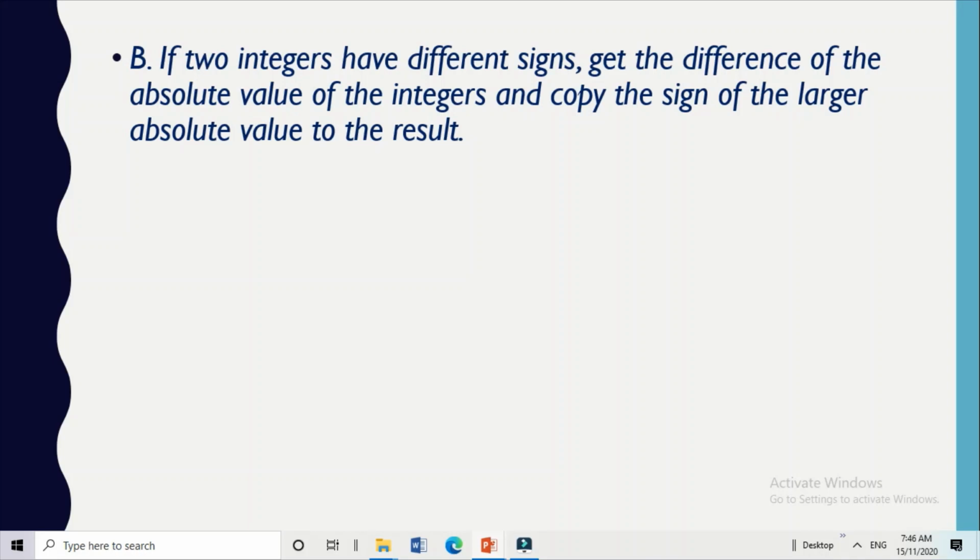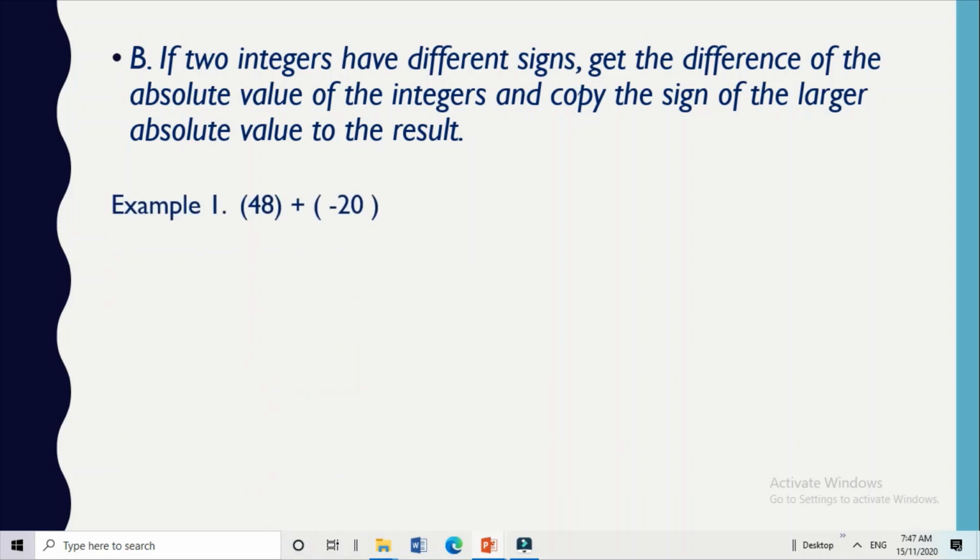So ang gagawin mo dyan, get the difference of the absolute value of the integers or subtract the value of the integers. And after you get the difference, just copy the sign of the larger absolute value. So, kung ano yung number or kung ano yung sign ng pinakamalaking number, yun yung sign na gagamitin mo to your result.